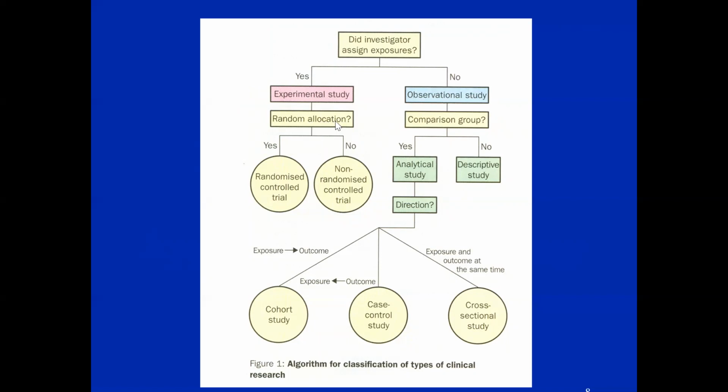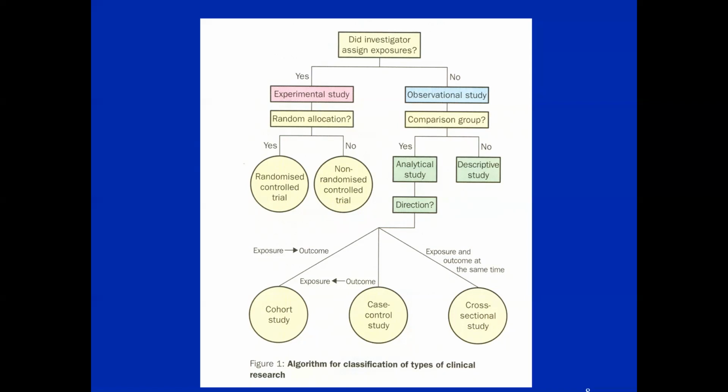Then for experimental studies, it depends. Are you going to allocate these things at random? Whatever you're allocating, if you're giving a drug, are you going to use randomization? We're going to discuss this in detail. If you give it at random, which means everyone has an equal chance of getting that, those are called randomized controlled trials.